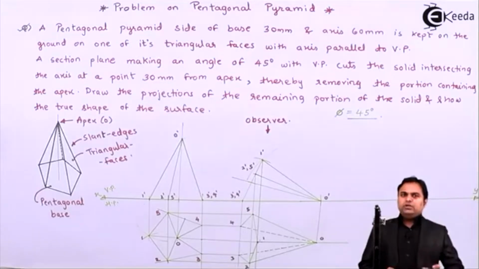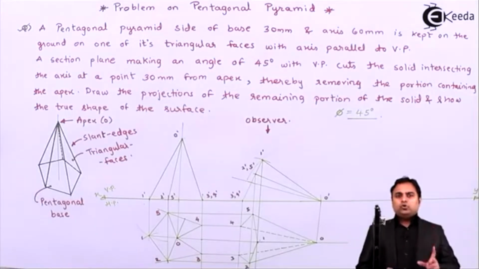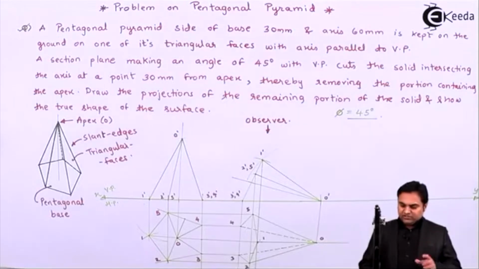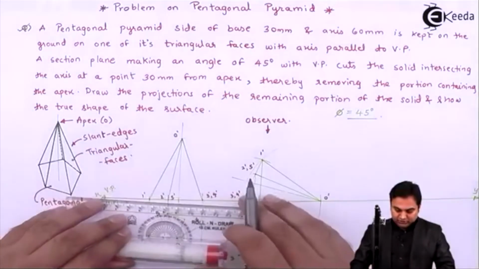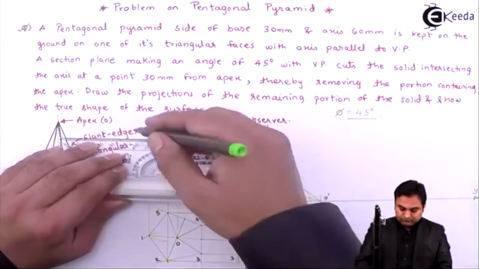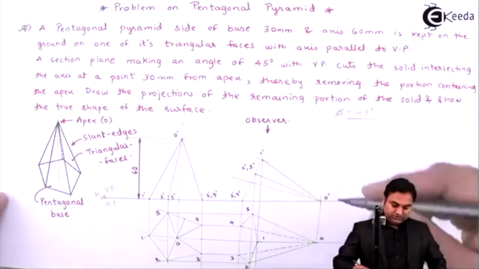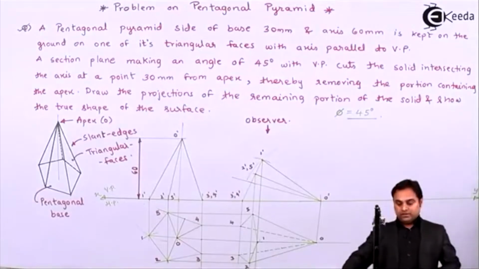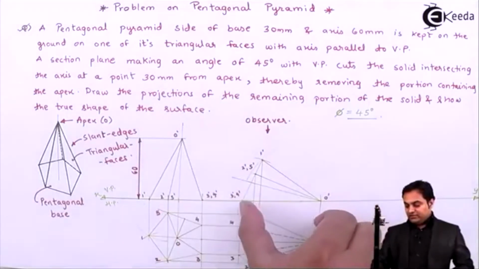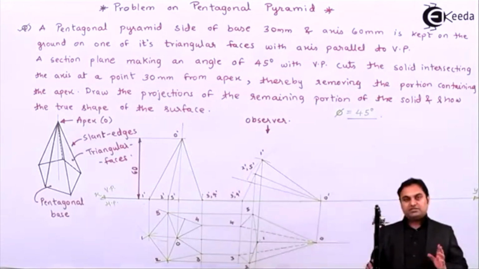This distance will be marked on the true length of the axis. If we see in this problem, the true length is already given to us. This true length is 60 mm, and when I have tilted this pyramid, then also the axis is 60 mm.